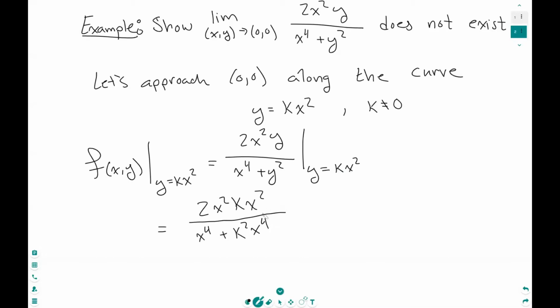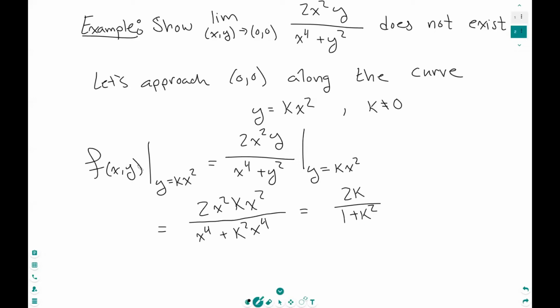So maybe you can see why I picked this y is equal to k times x squared here. This simplifies, and I get 2k and 1 plus k squared in the denominator.